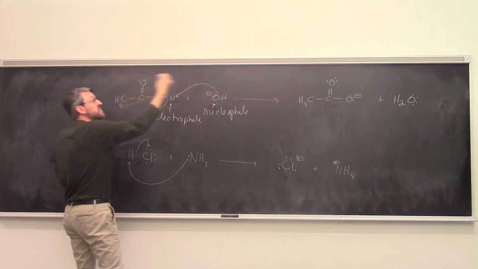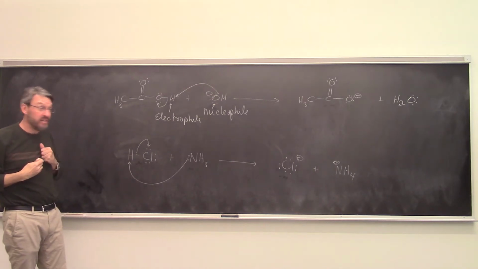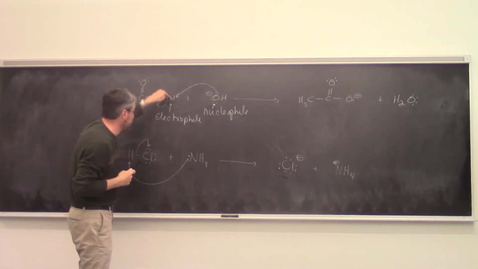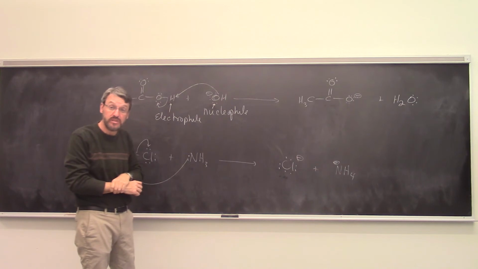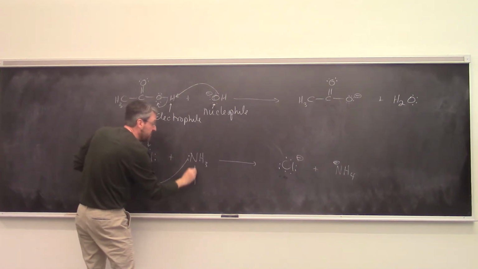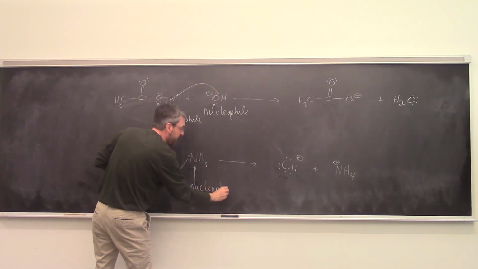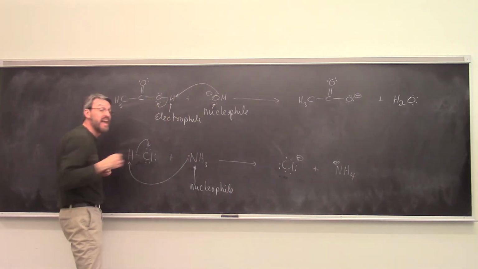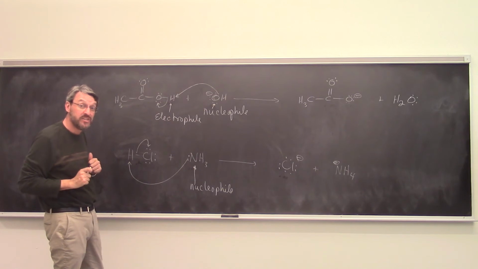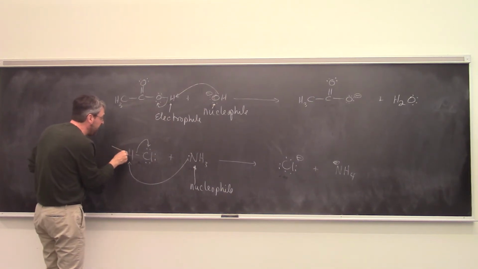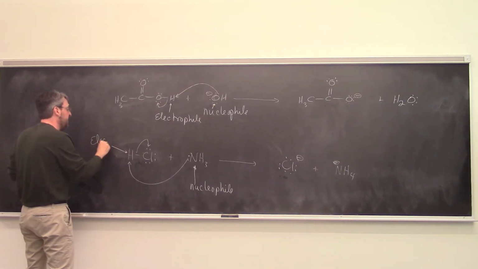It's the thing that accepted the electrons from the nucleophile. So again, this H is the electrophile, that oxygen's the nucleophile. Likewise down here, this nitrogen is going to be the nucleophile. That's the thing with the electrons it's going to use to make a bond to donate. And once again, this H is going to be the electrophile.